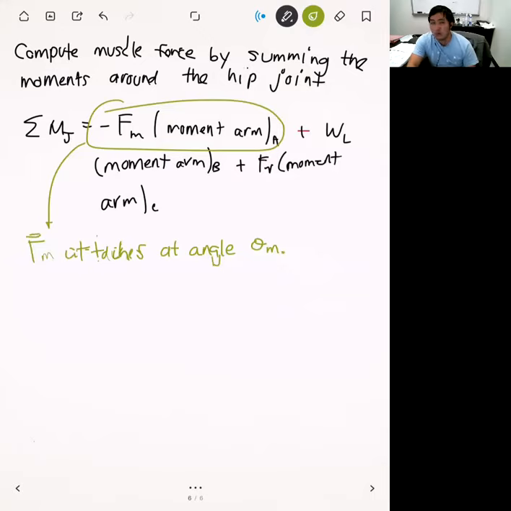And so the moment arm, or the component that's going to produce a moment, is going to be minus Fm times Lm sine of theta m.